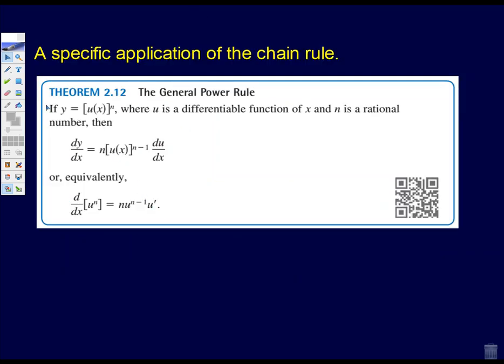Okay, so that leads to what we call the general power rule. I want you to notice that on your list of derivatives, on the front side where you've been filling in all these special differentiation rules, one of the first ones was the basic power rule, where I'm going to write it under here. I think on your paper it's box number 2.